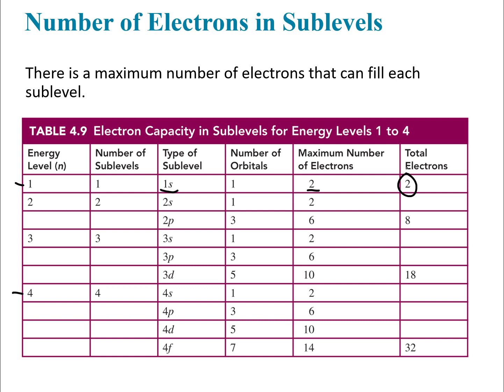If we were to just look at energy level n equals 2, well, we know that since n equals 2, there's going to be 2 sublevels. In this case, we have s and p. Within those, we have one s orbital, and then there are 3 p orbitals.